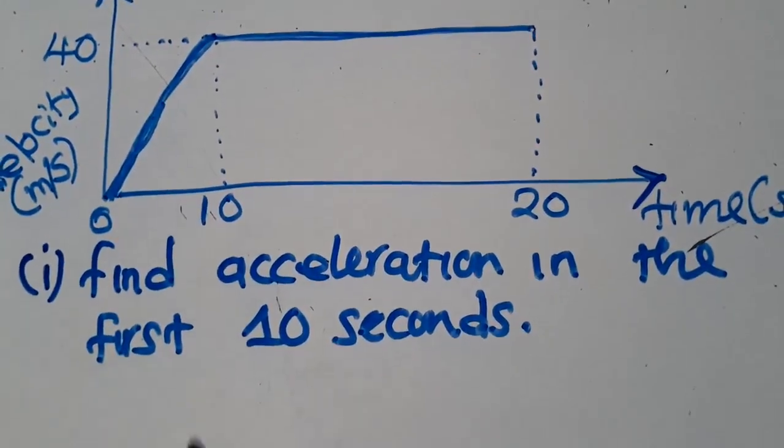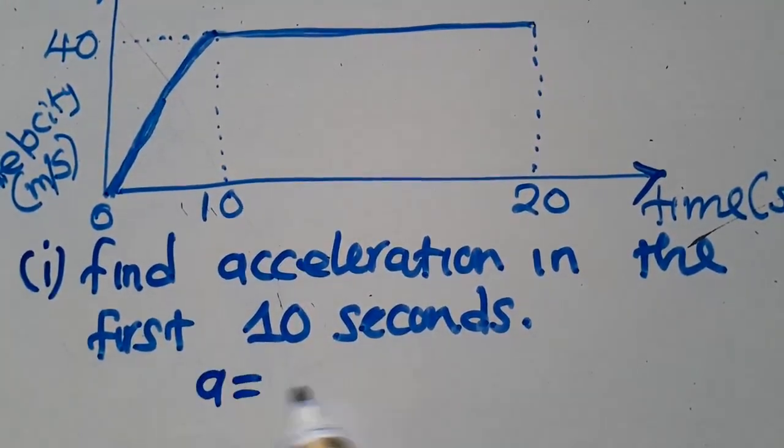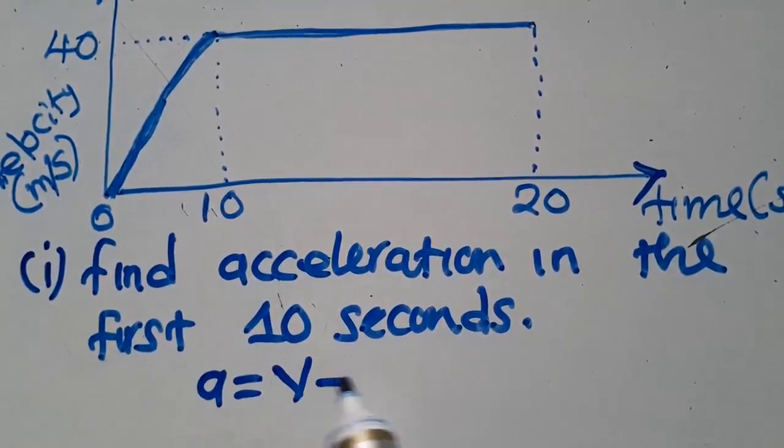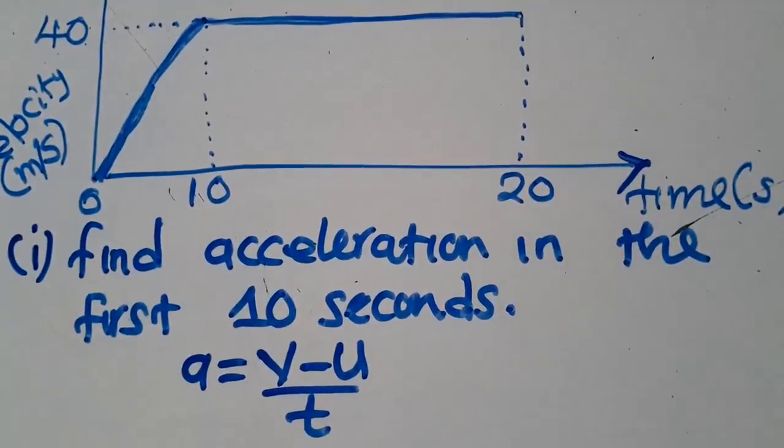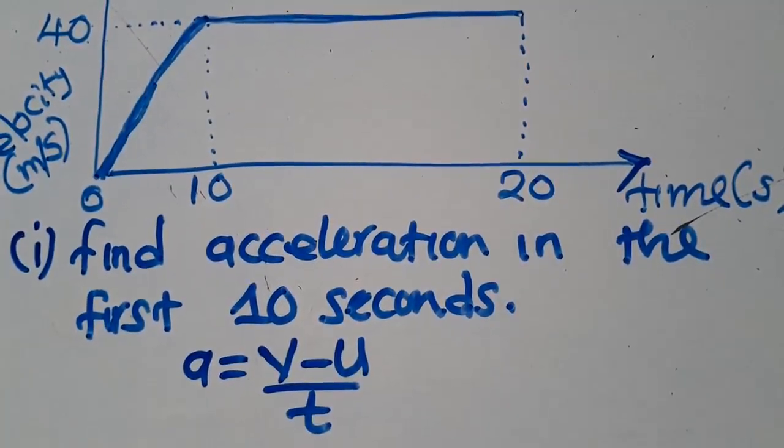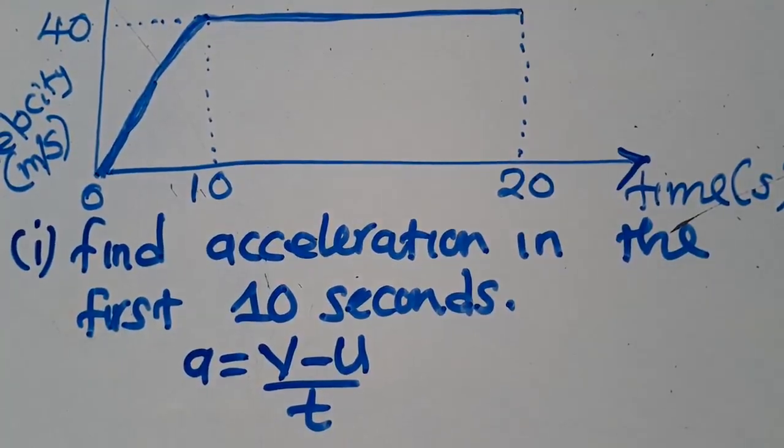Then we know that acceleration is equal to final velocity minus initial velocity, over time. This is the formula that we get to use, and this is the formula that you need to understand. Those of you that recently started, you need to make sure that you have a personal book that you are using.